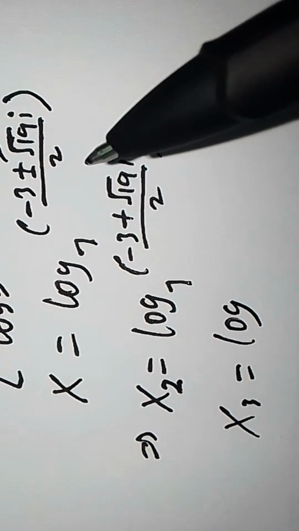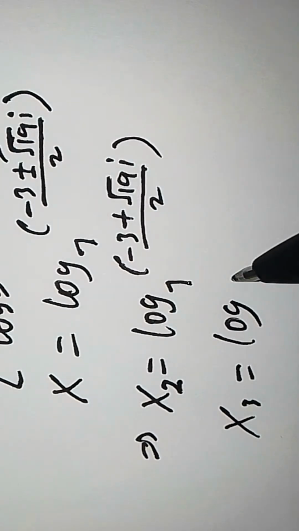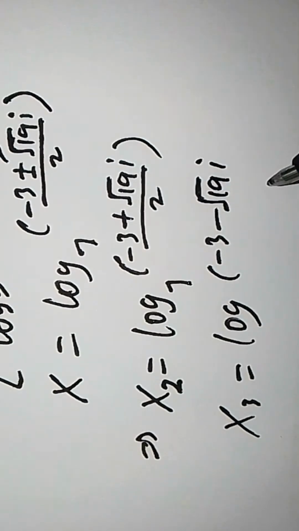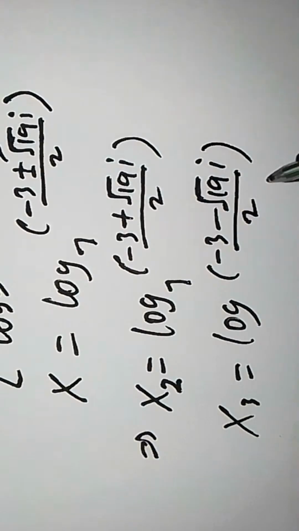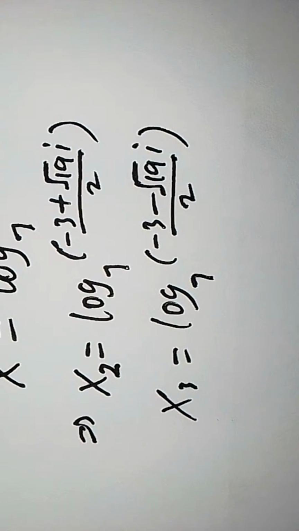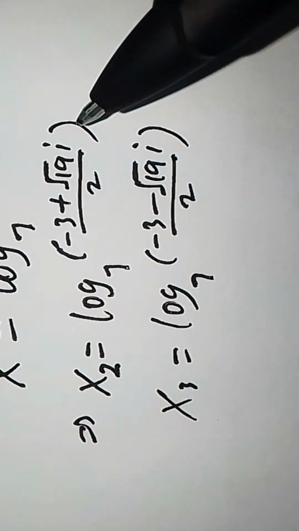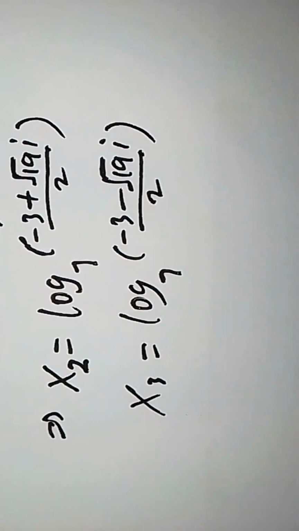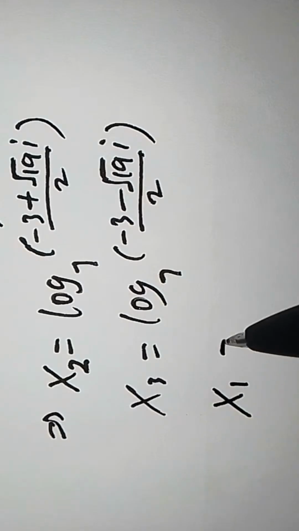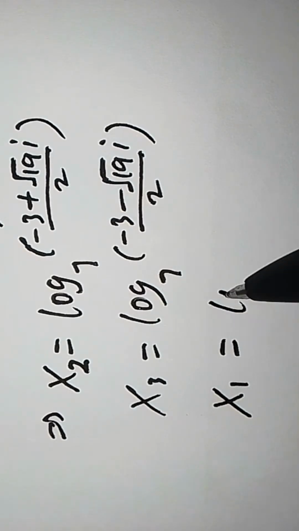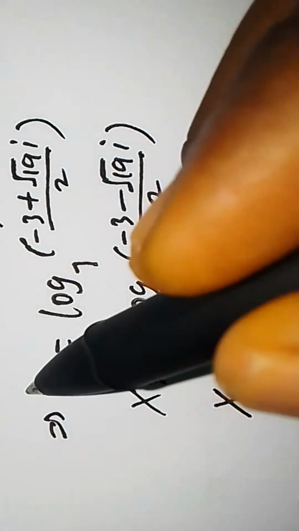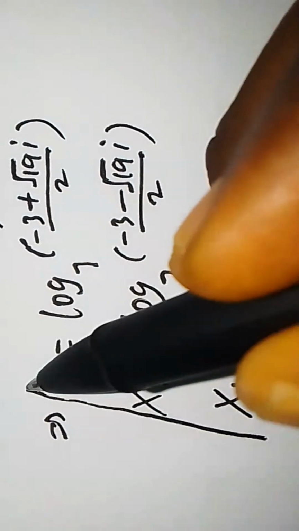Consider the negative sign, so that will be minus 3 minus square root of 19i divided by 2 base 7. You will see that we have imaginary solutions here. x2 and x3 are the imaginary solutions, and the first solution that we obtained, which is x1, is equal to log 2 base 7. So we have three solutions for this math Olympiad question.